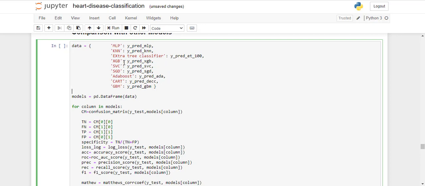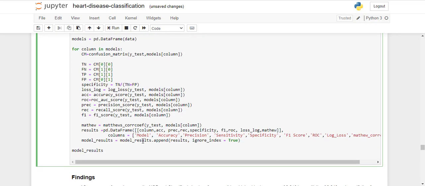This is actually the prediction part of a particular algorithm. We have already fitted our machine learning algorithm and the predictions of the model are saved in this variable. So we are just using a for loop and calling those predictions one by one based on the machine learning algorithm, and we'll calculate all these things and append the result to our base model results data frame.